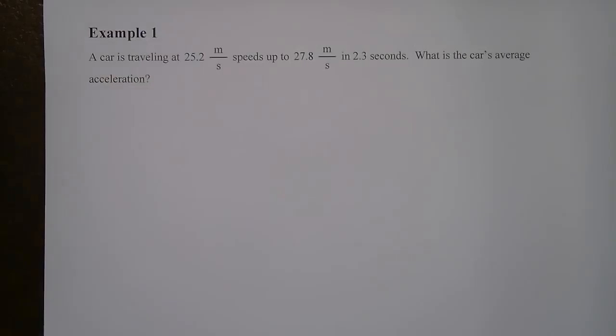So here's the first problem. A car is traveling at 25.2 meters per second, speeds up to 27.8 meters per second in 2.3 seconds. What is the car's average acceleration? Okay, so we know that the average acceleration is the change in velocity.